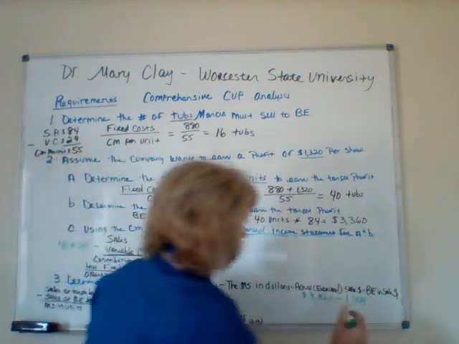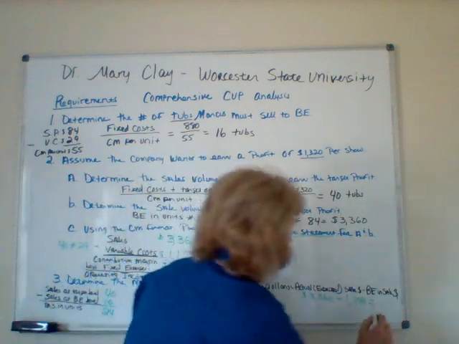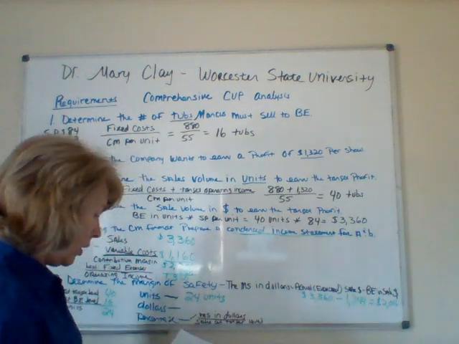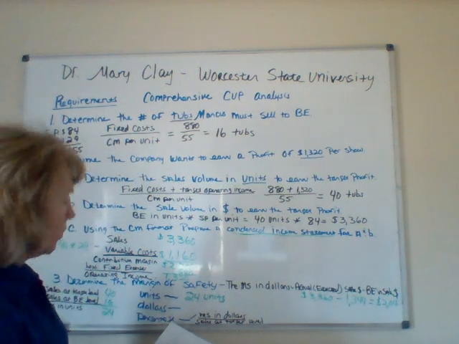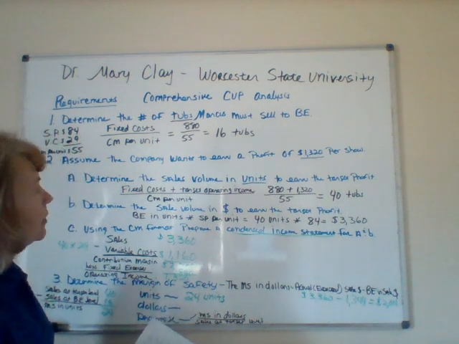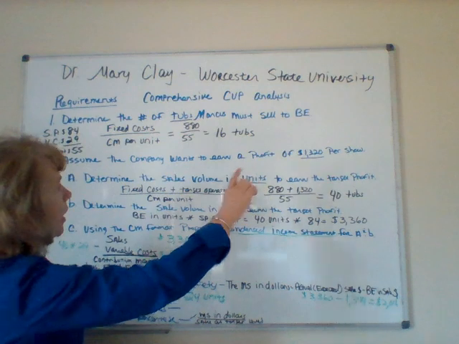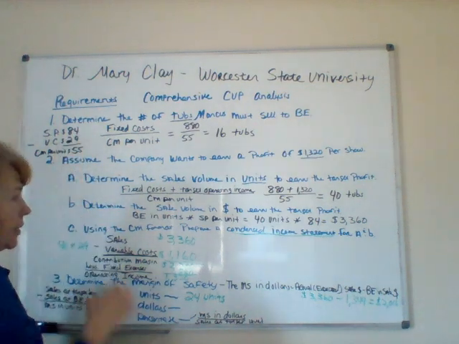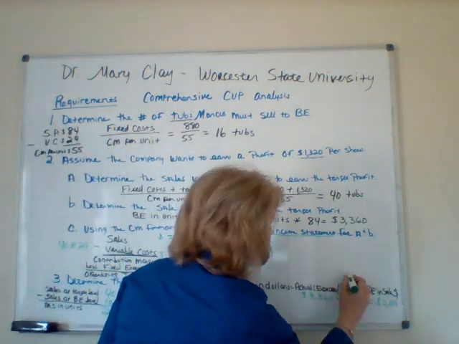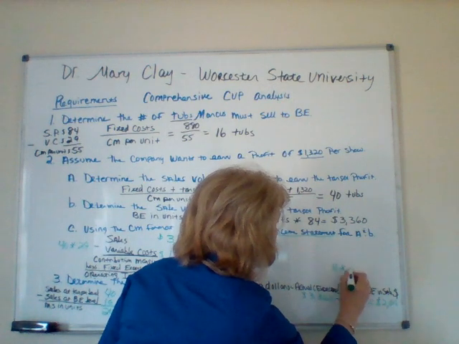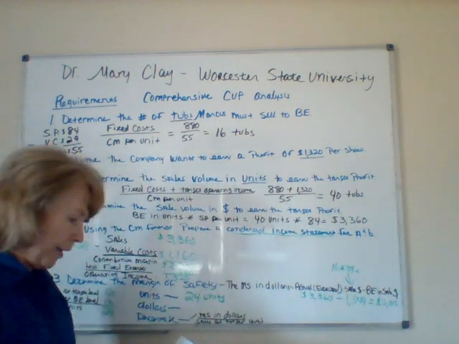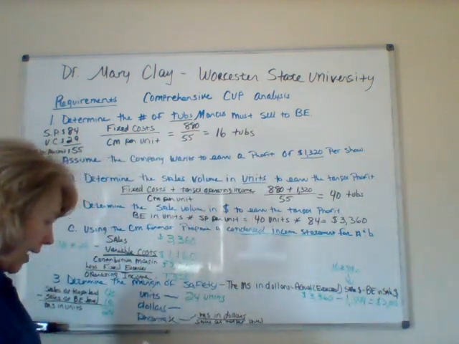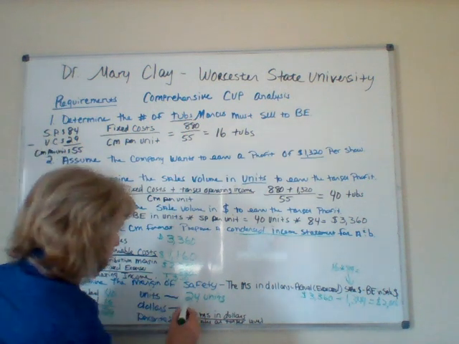We'll subtract that, and that will give us 2,016. So how do you get the break-even in sales dollars? You are going to take the 16 tubs and multiply it by the selling price, 84. Let me just show you that so you can look at your notes. 16 times 84 will give you 1,344. You will take the difference, so the margin of safety in dollars, your answer is 2,016.